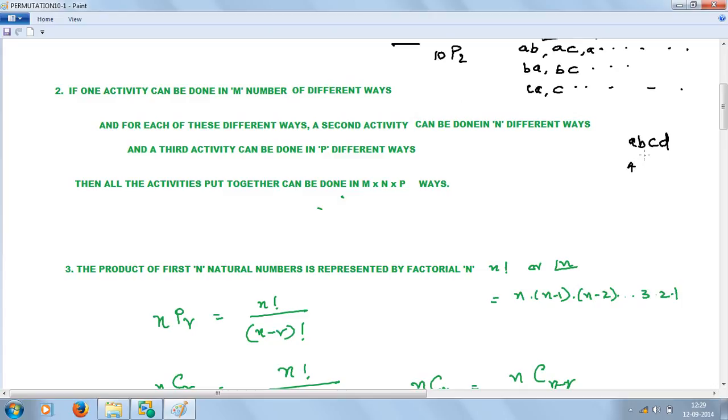First you take A. The next place we can fill in only 3 ways. Third letter, we can use only 2. Fourth letter is fixed. So the number of different ways you can write A, B, C, D is 4 multiplied by 3 multiplied by 2 multiplied by 1, which is equal to 24 ways.